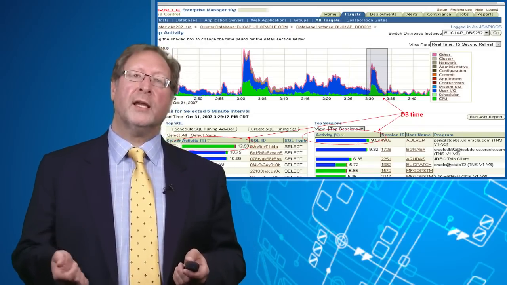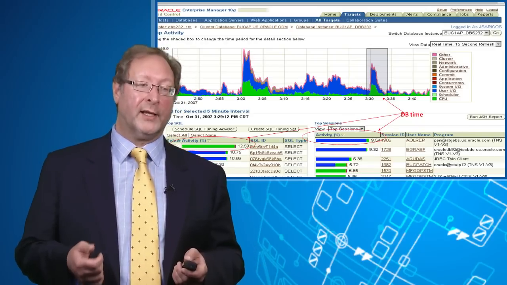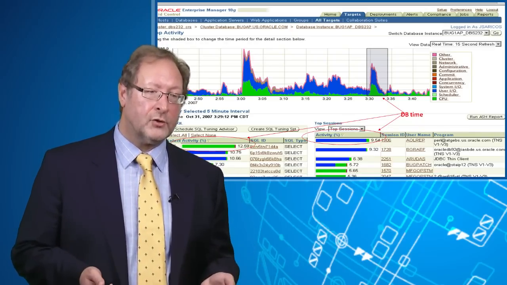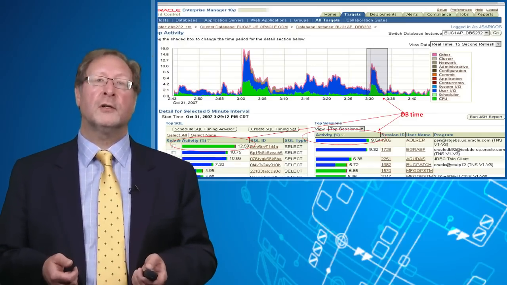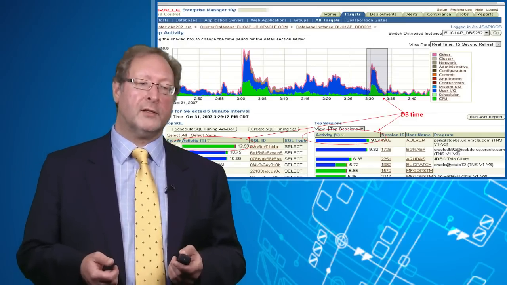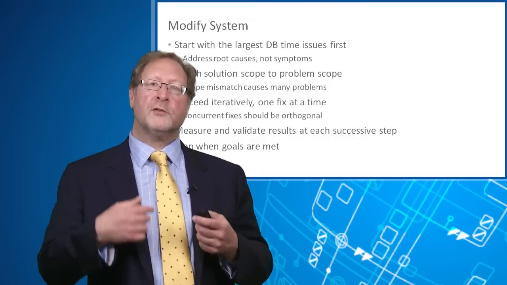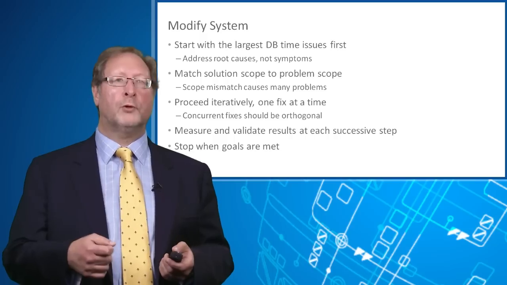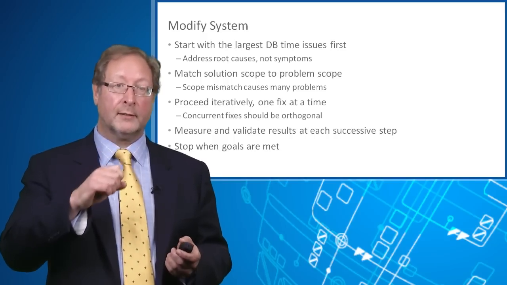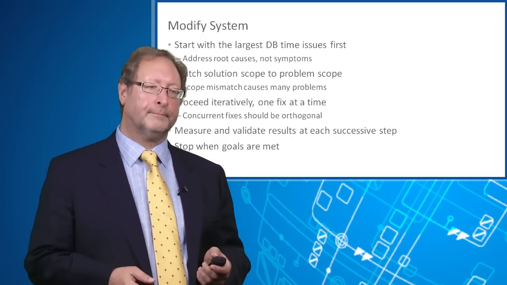And so we're looking here at where the CPU is going, and that top SQL is consuming a very large percentage of the CPU during this time period. Right, so it's very easy to identify the problem there using the top activity screen.